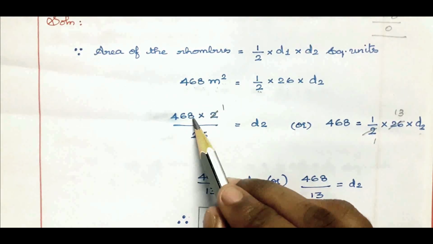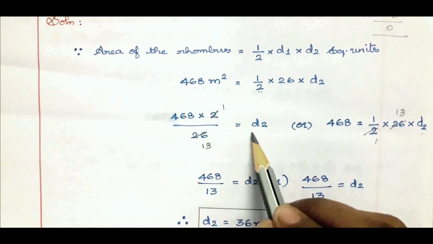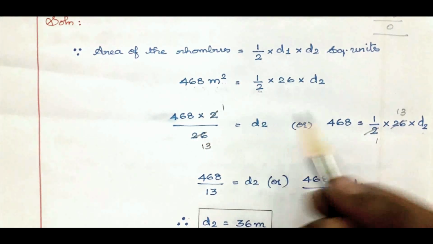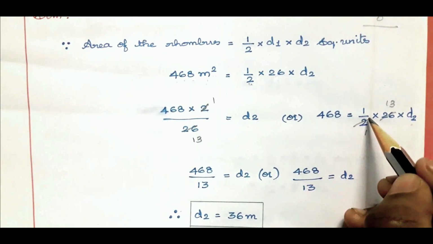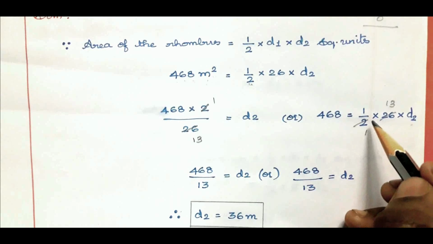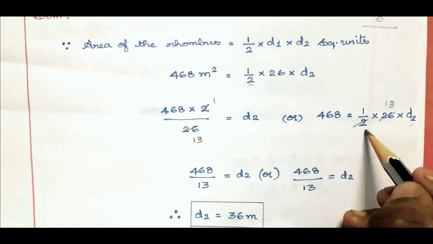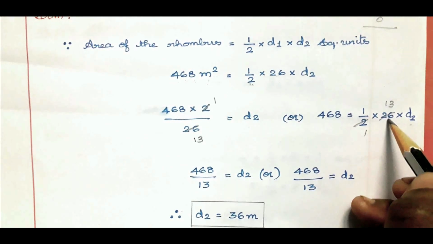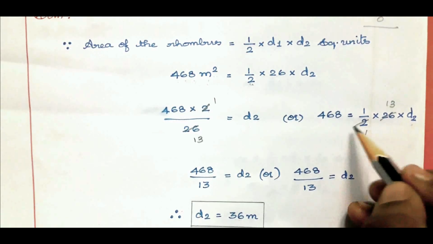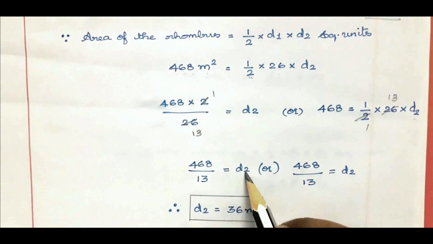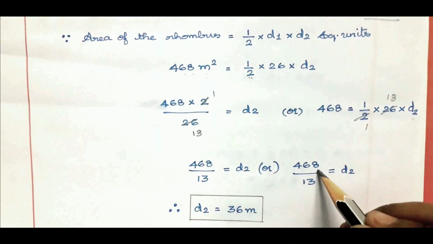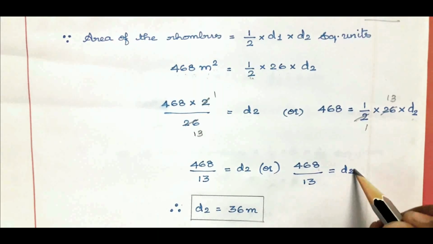Okay, so 468 divided by 13 is equal to d2, or else we have one more step. You can also simplify the right hand side. So when you simplify here, 1 2 is 2, 13 2s are 26. Now you can take that 13 to the other side. So 468 divided by 13 is equal to d2.